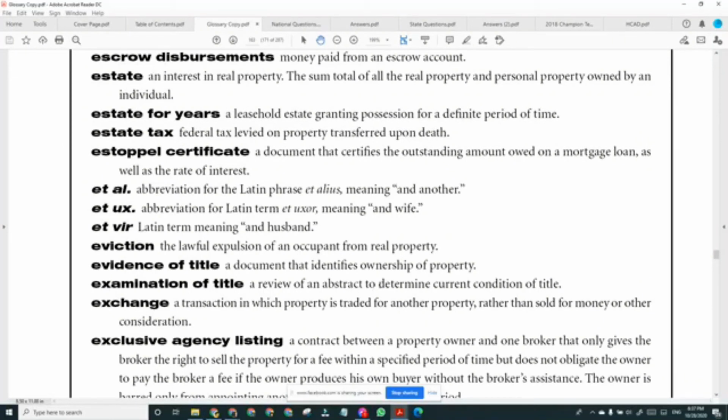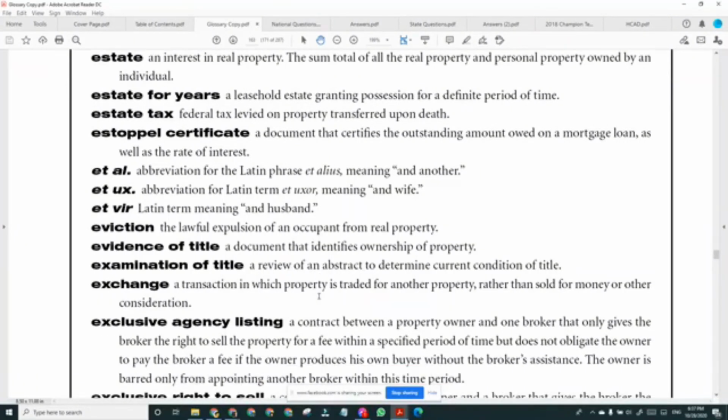Once they do this, within 3 to 7 days or 10 days, they'll provide the owner, the borrower, the realtors, hopefully, a title report so that we can review it, and then they'll let us know what needs to be cleared before we can close. Exchange, a transaction in which property is traded for another property rather than sold for money or other consideration.